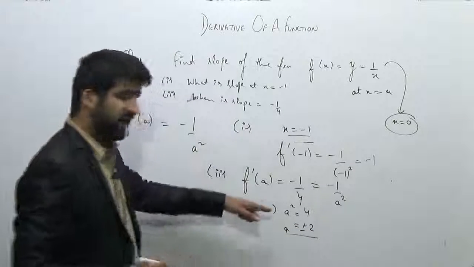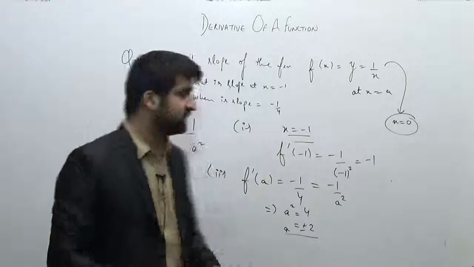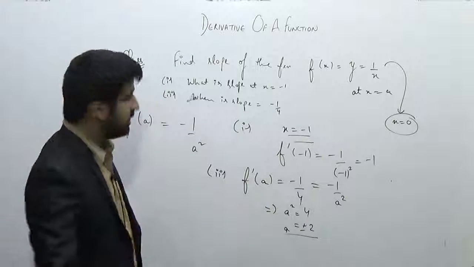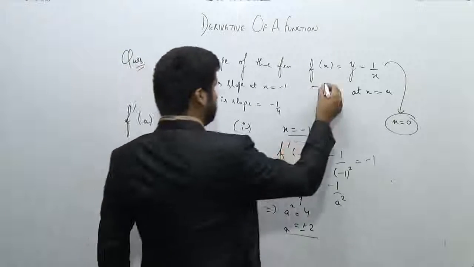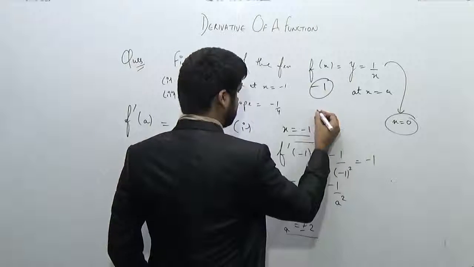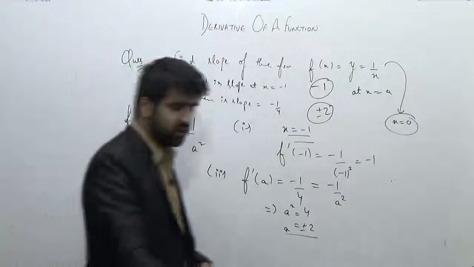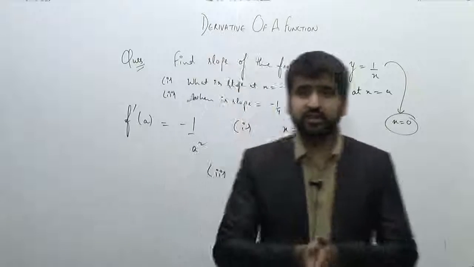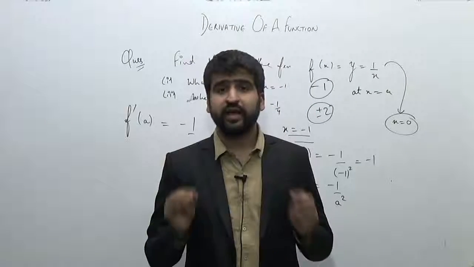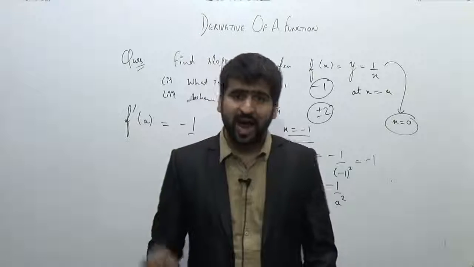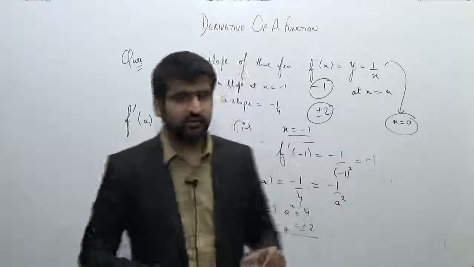So at the values of x is equal to plus minus 2, this slope will come out to be -1 upon 4. So the answer for this part is -1, and for this, x is equal to plus minus 2. So this is how we see the geometrical significance, which always gives us the instantaneous slope of the function at the given point x is equal to a.